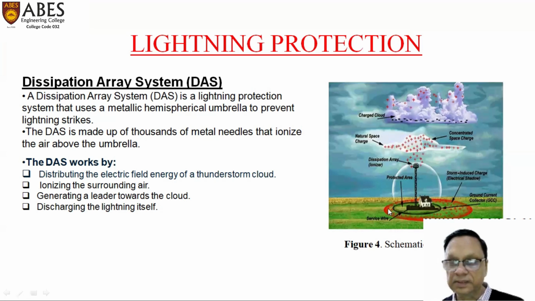So this can be applied to a large area, maybe a colony, an area where many people live. So instead of a single building, as in the case of a Faraday's cage or a mesh cage, in this case we have a surface area. A large surface is protected only on account of this dissipation array.